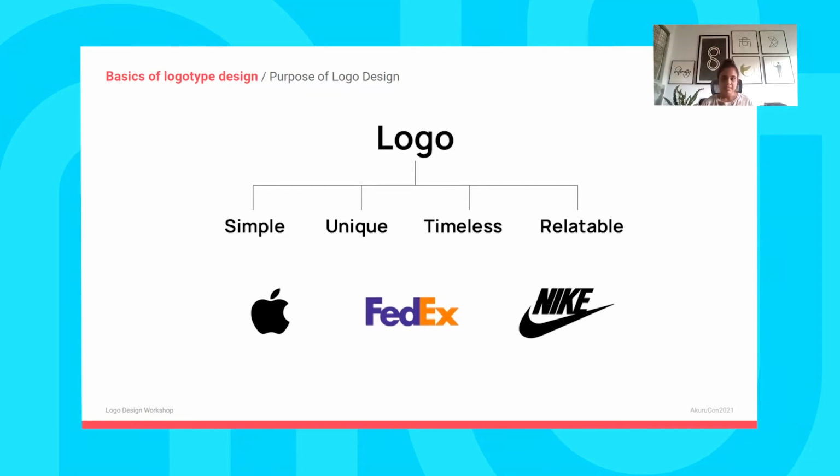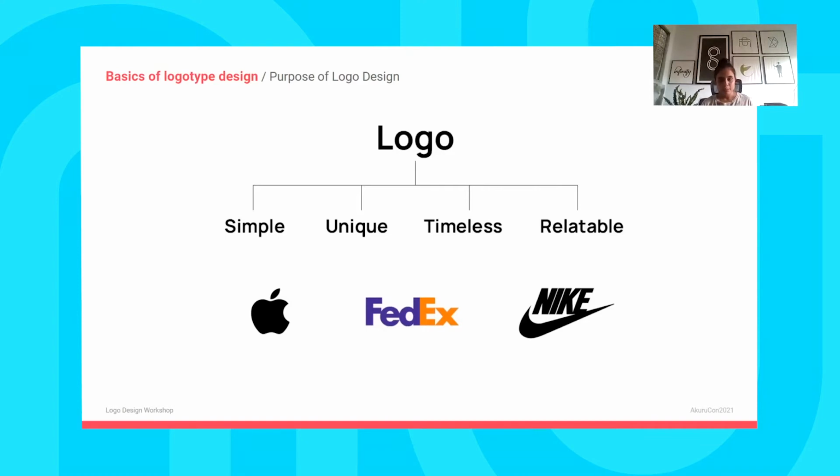And then lastly, the logo should be relatable. We are born into a visual world, and since a very young age, we are trained to connect our ideas and our thoughts and emotions, and even when we read a book, everything, to a picture or a graphic or a shape or a visual.